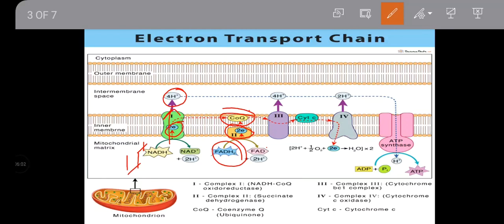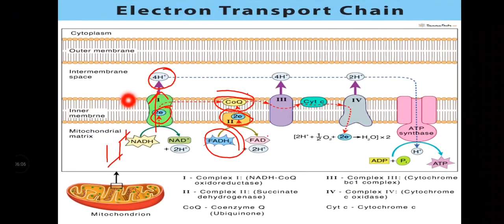Again, complex 1 receives the 2 electrons from NADH, gets energized, and donates these electrons to coenzyme Q. Then the NADH gets converted to NAD+. In the process, this complex pumps 4 protons from the mitochondrial matrix into the intermembrane space.